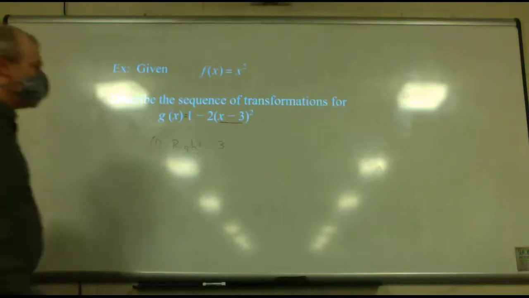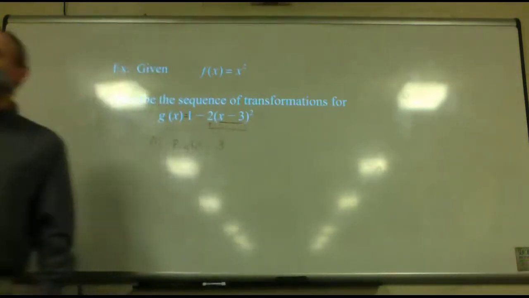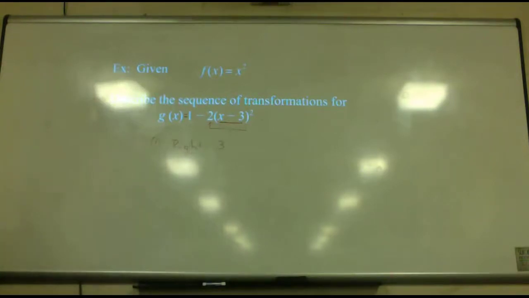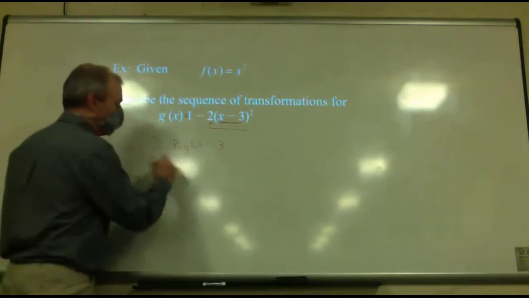Then we go outside. That's the next thing that happens because it's multiplied by the stuff with the x, right? And let's just consider the 2 right now. Don't worry about the negative yet. We'll get there. But what about the 2? What does the 2 do? Stretches it. It's multiplying, so it stretches it. Which direction? Up and down, left and right.